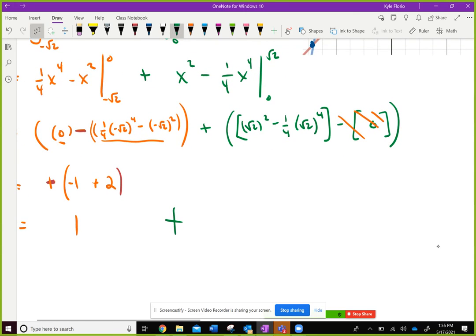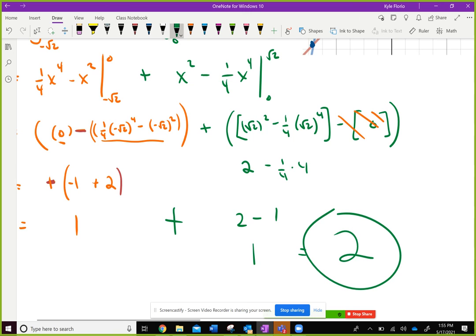So now it's just going to be plus whatever it comes out to be. The square root of 2 squared is 2. And this is 1/4 times, what's the square root of 2 to the 4th? 4. So that's just going to be 2 minus 1, which is 1. So we have 1 plus 1 equals 2. So that whole area was just 2.